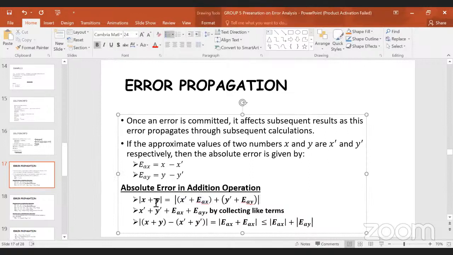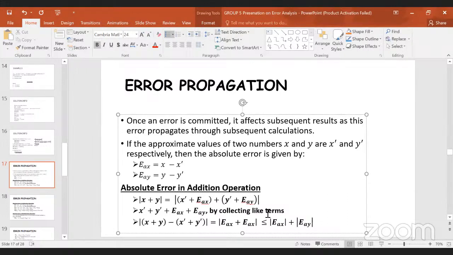Because we are adding these together, that's how we arrive at x prime plus EAX plus y prime plus EAY. By the time we collect like terms, opening these brackets, this gives us x prime plus y prime plus the absolute error of x and the absolute error of y.